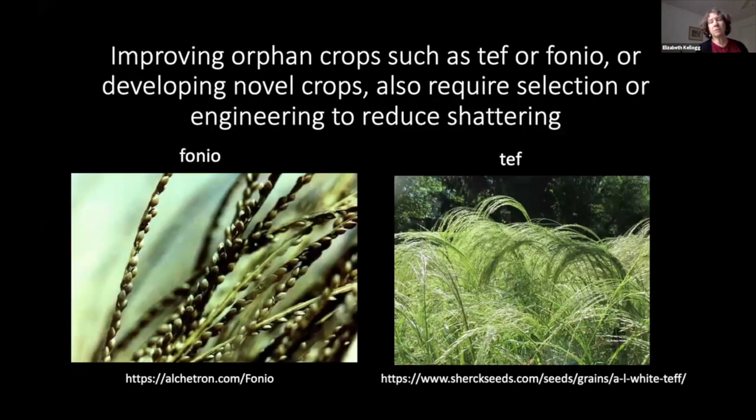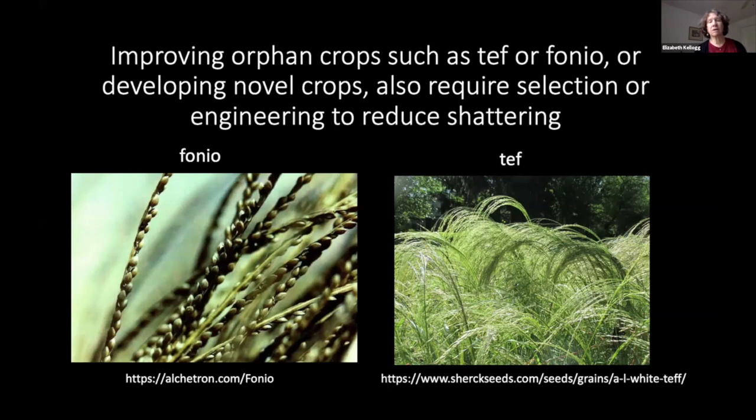The other reason why this is important is that there's a lot of focus on improving novel crops that also need to be selected to reduce or completely eliminate shattering. So I've just put two here that we're working on right now. I'm not going to be talking about this work in this talk particularly, but Fonio is a species of Digitaria, which is edible and is grown as a crop in some parts of Africa.